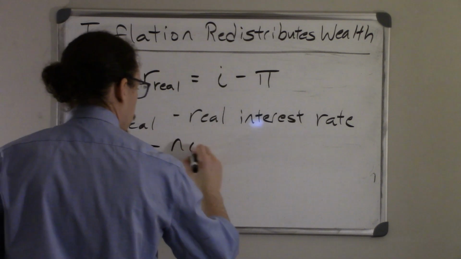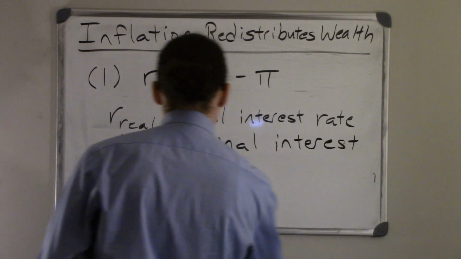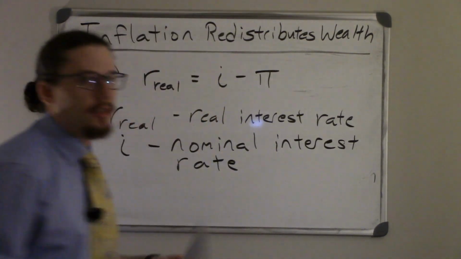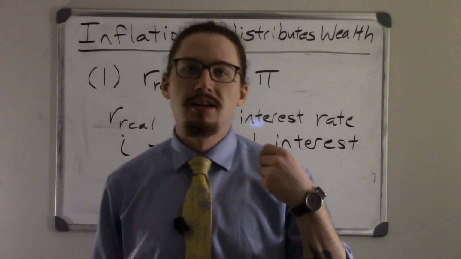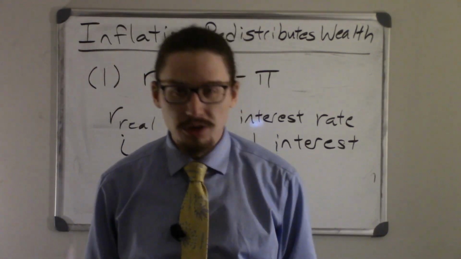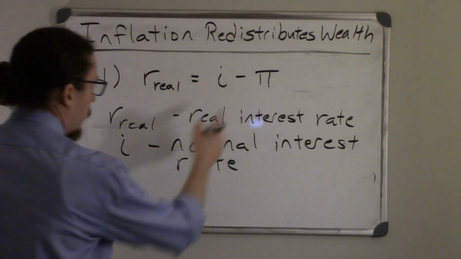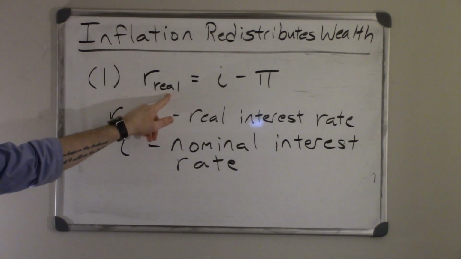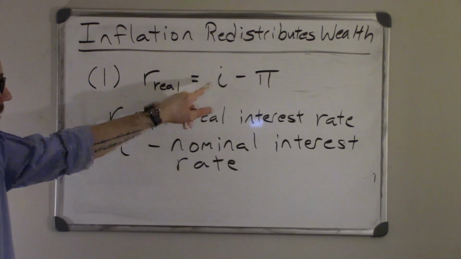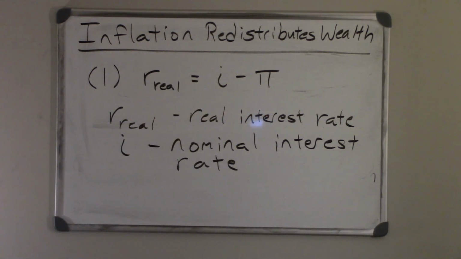All right, i is the nominal interest rate. Right, so this is the interest rate that's kind of on the paper, that's on the sign or the little pamphlets they mail you saying, hey, you can get a loan for this percentage, right? That's the nominal rate. And then, of course, pi is the inflation rate. So the real interest rate is equal to the nominal interest rate minus the inflation rate.